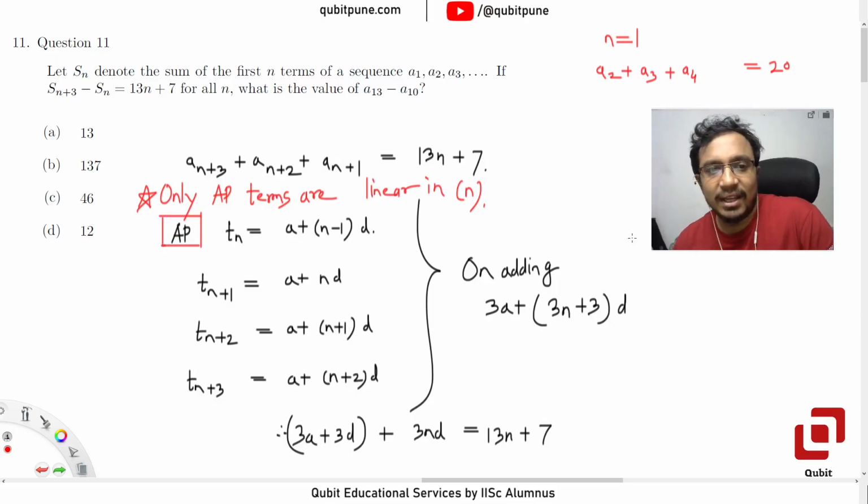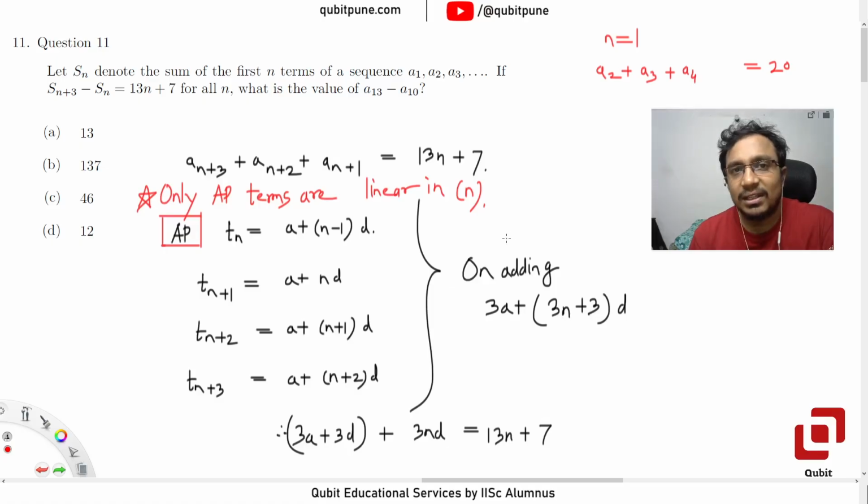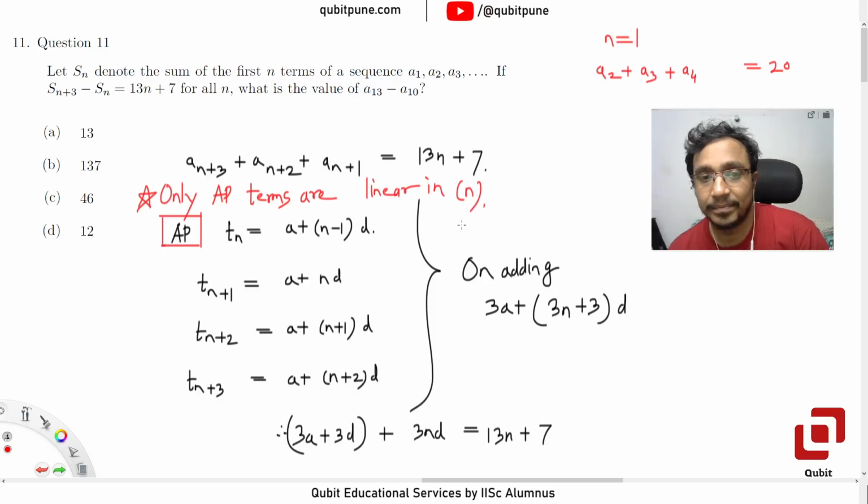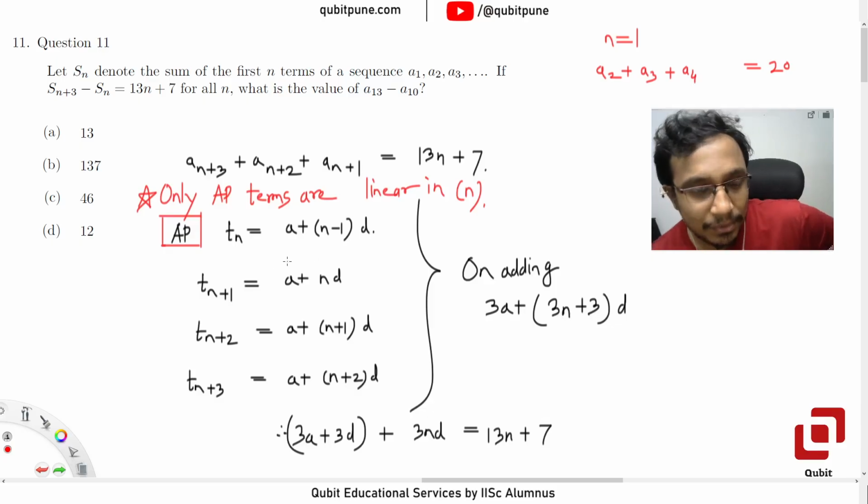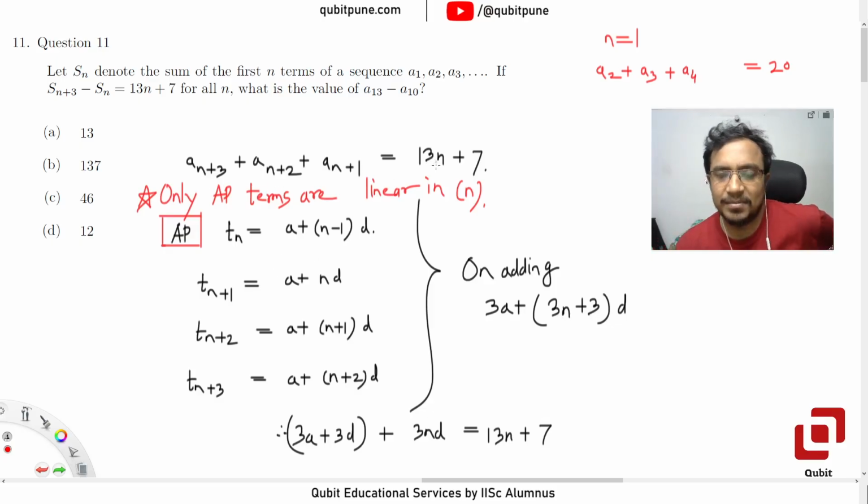What I did is I realized that terms in an arithmetic progression are linear in n, and so is their sum. Well, not sum, but at least the terms. So I knew the sum of consecutive terms is 13n plus 7, so I tried to do that.